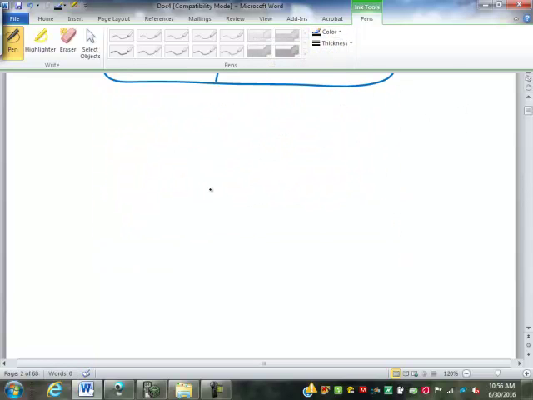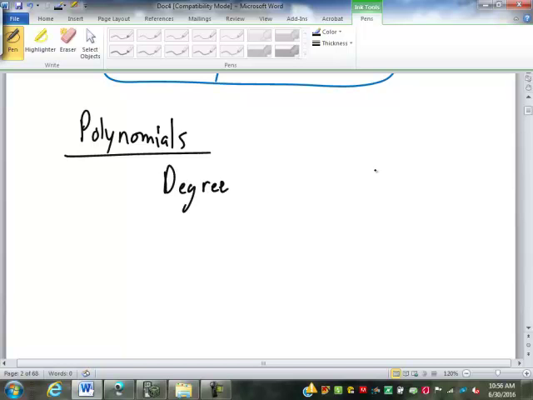Okay, so let's review doing our operations with these algebraic numbers, or polynomials. Actually, let me put just a couple more terms out there. Polynomials. One of the things we refer to in our polynomials is something called degree. The degree is just that highest power.